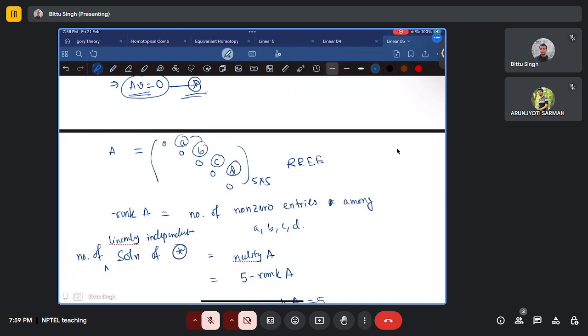If one of them is non-zero, then we will have a smaller solution space.